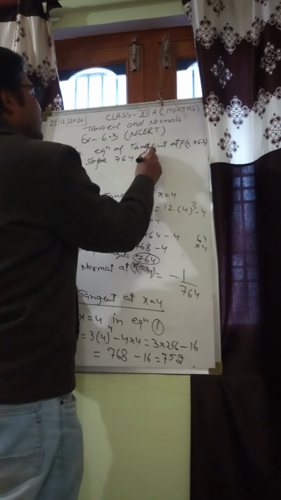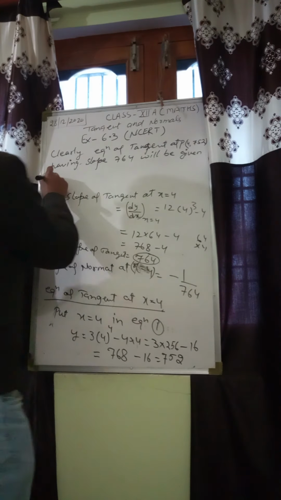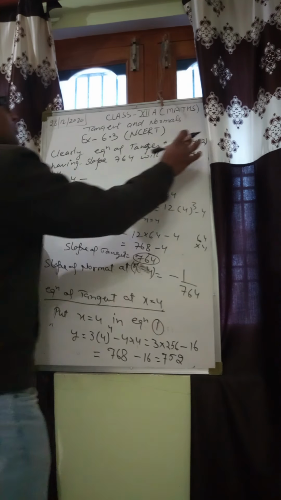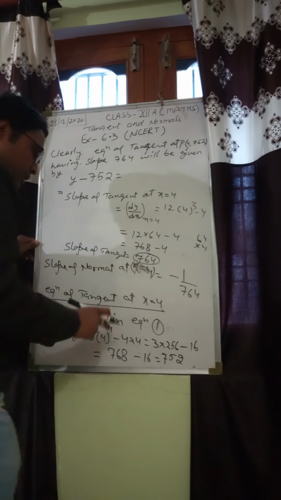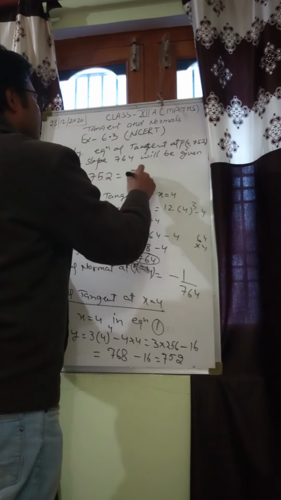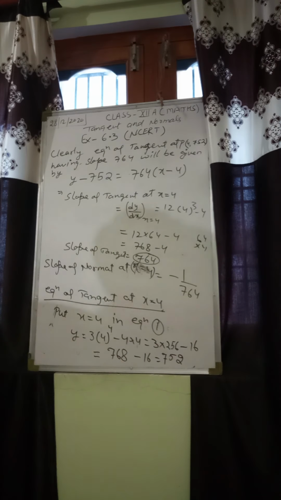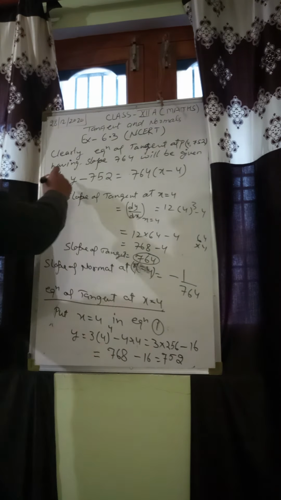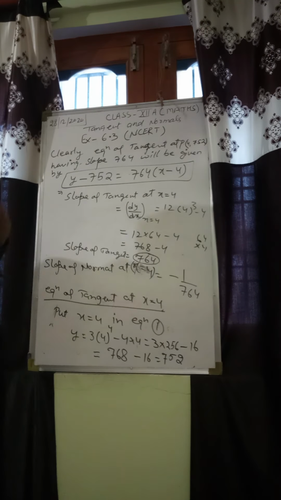It will be given by y minus y1, 752, is equal to m, that is 764, times x minus x1, x minus 4. Now solve this equation and find the equation of the tangent in the standard form.